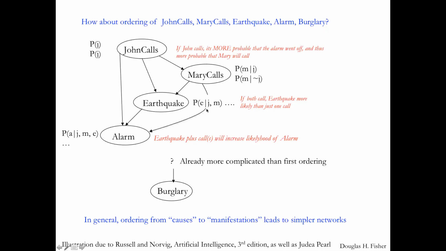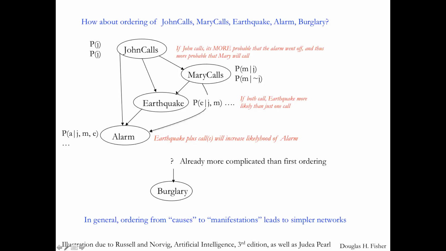And that going wrong, because we haven't considered burglary, the perceived possibility of an earthquake is going to go up as a result of 2 calls or even 1 call. But because the perceived probability of an earthquake, or for that matter a burglary, either reason at this point would induce the same kind of result, both John calls and Mary calls would likely be parents of earthquake, 2 parents.